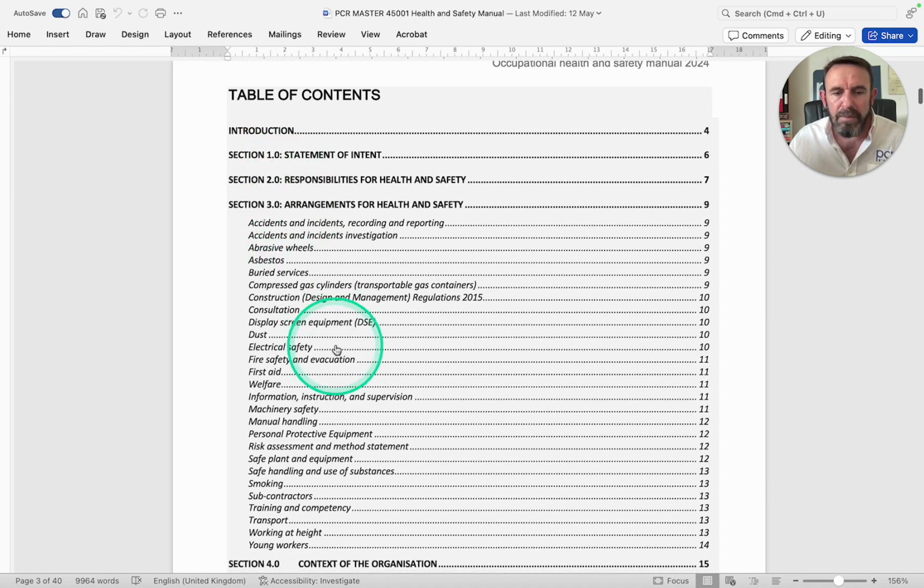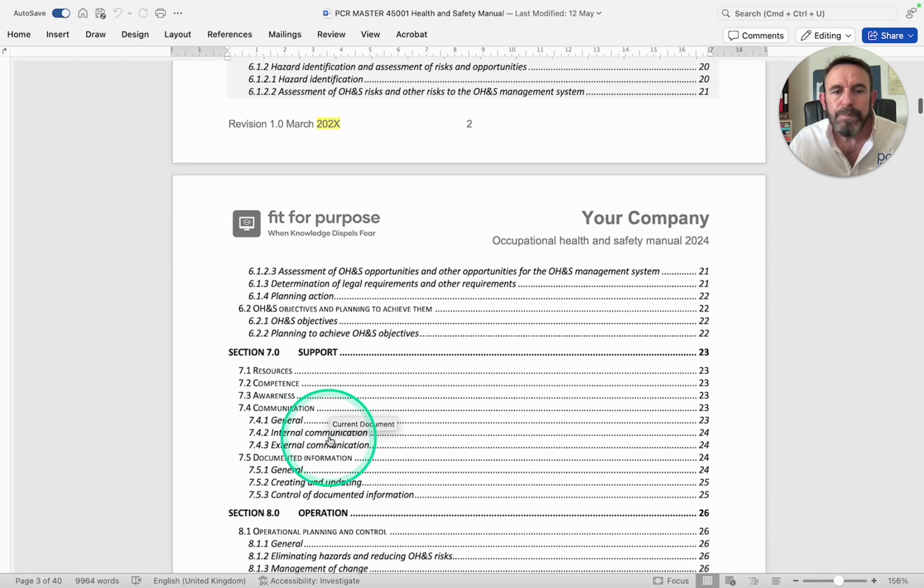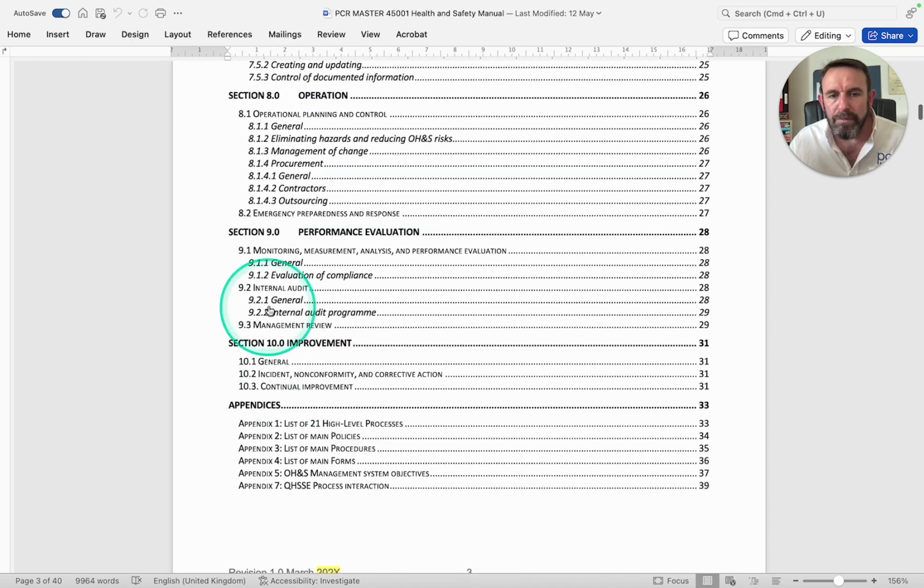But from 4 onwards, I've aligned that to the clauses, the harmonised structure of ISO. So we go into context, leadership, planning, support, operation, performance evaluation and improvement. Then with all the policies and the procedures at the end.